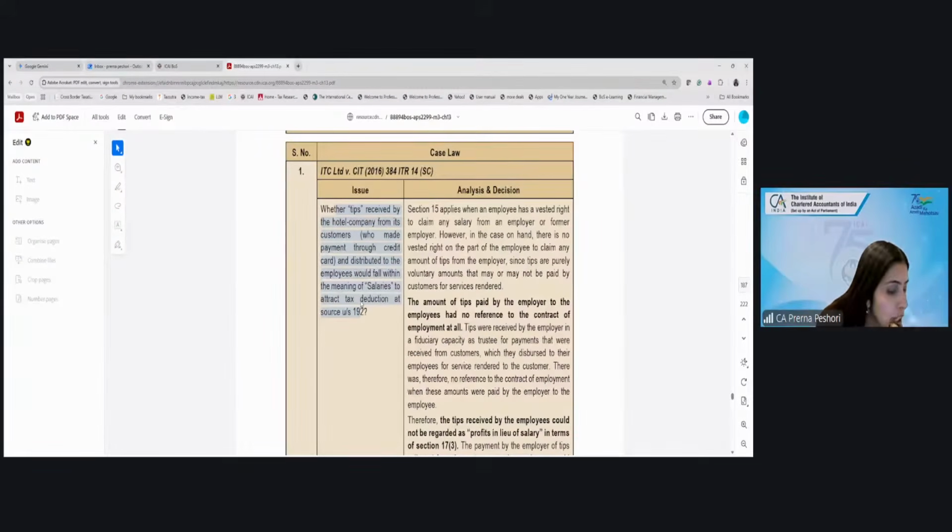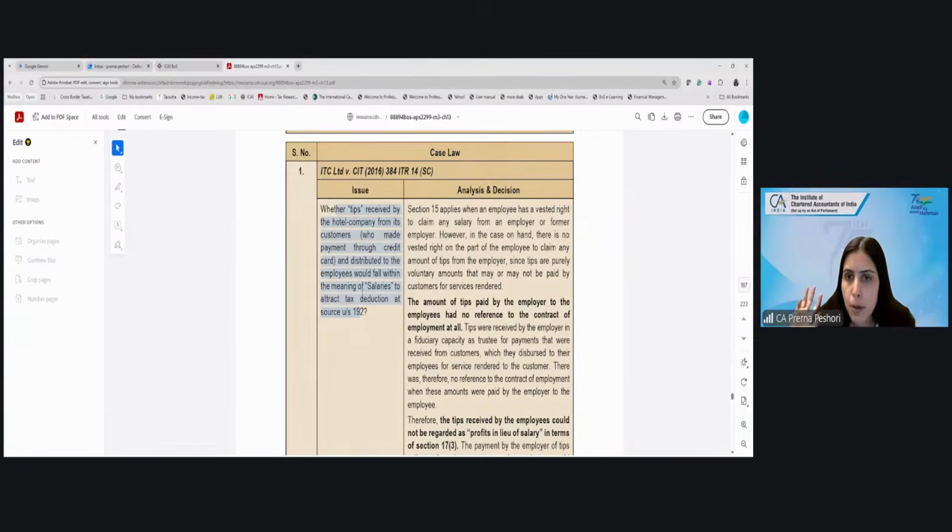This is Supreme Court ruling in the case of ITC. So, generally when you go to the hotel, you give the tips to the hotel itself, and then they add to the account whatever tips are there, and then they pay it to the employees.